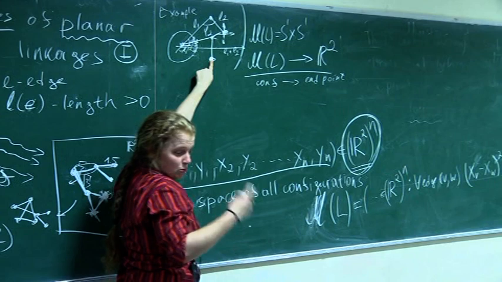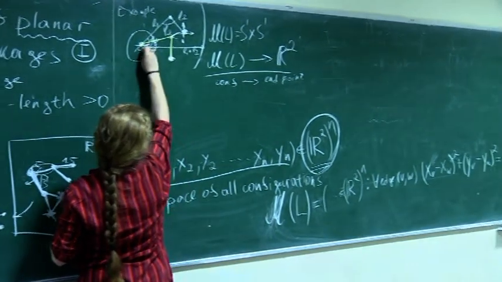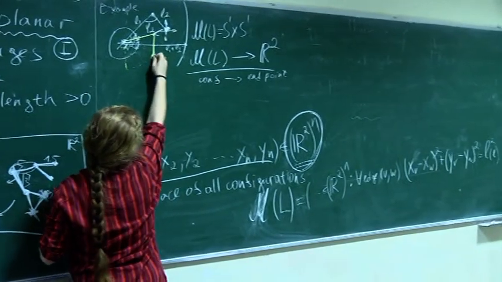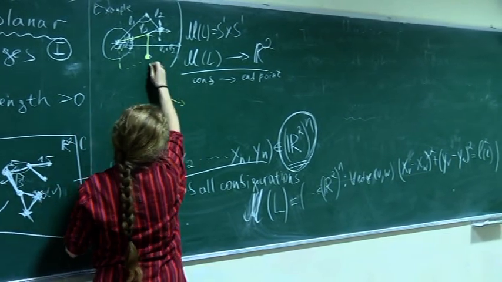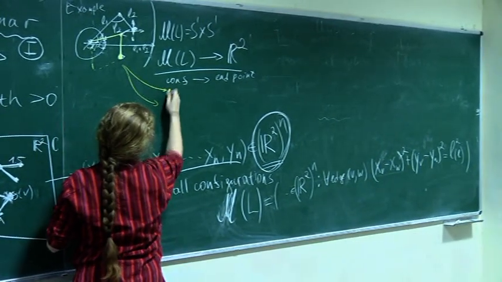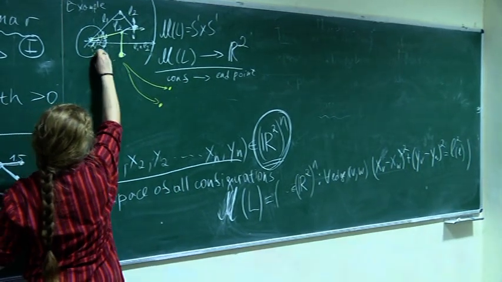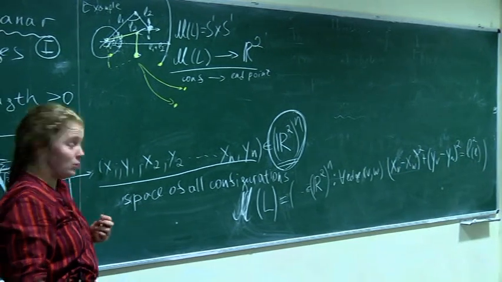2, right, 2 in 1, like this, right, and like this. So for every point in the interior of this annulus, we have 2 possible configurations. And if we have a point on the boundary, then 1, right?